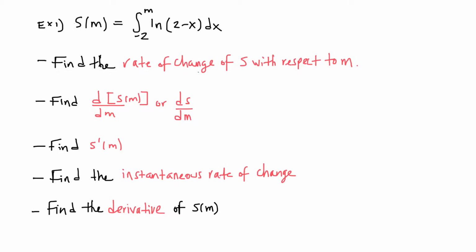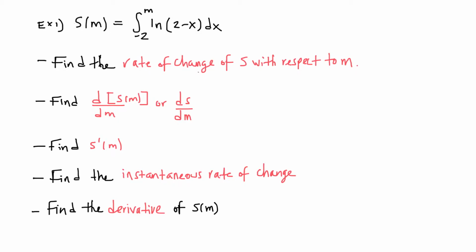As long as it doesn't say the average rate of change, then it's understood to be the instantaneous rate of change. So if they say rate of change, that's exactly the same as instantaneous rate of change, and this is the derivative.